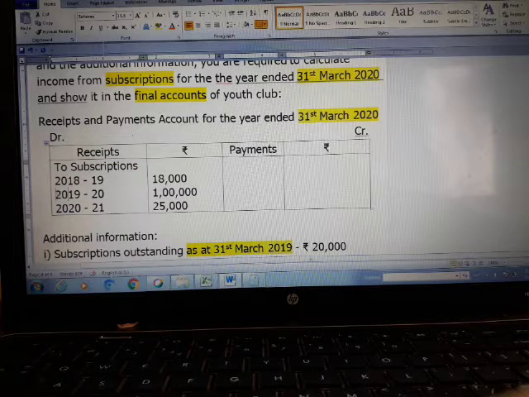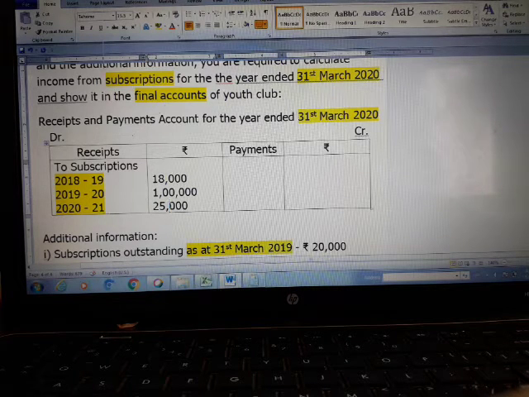That means the current year also I received subscription, which is an amount of rupees 1 lakh. The previous year, that is 1819, I have received some amount of subscription, and for the next year, that is 2021 also, I have received some amount of subscription. So it shows that for the current year I got 1 lakh rupees, for the previous year I got 18,000 rupees, and for the next year I got 25,000 rupees.